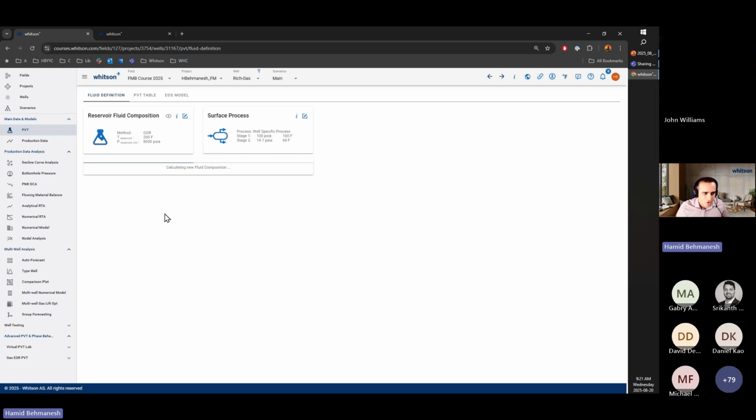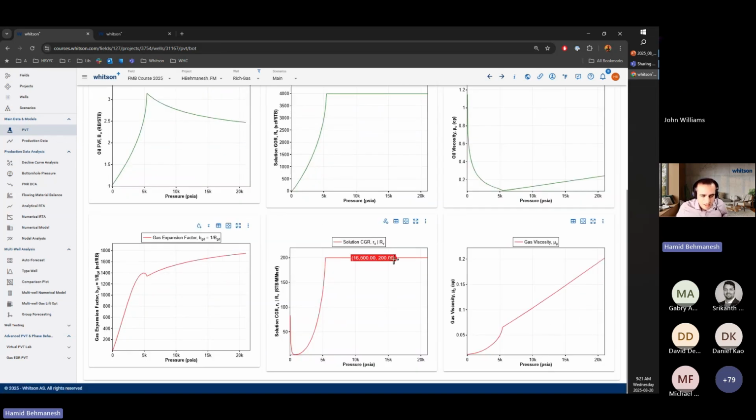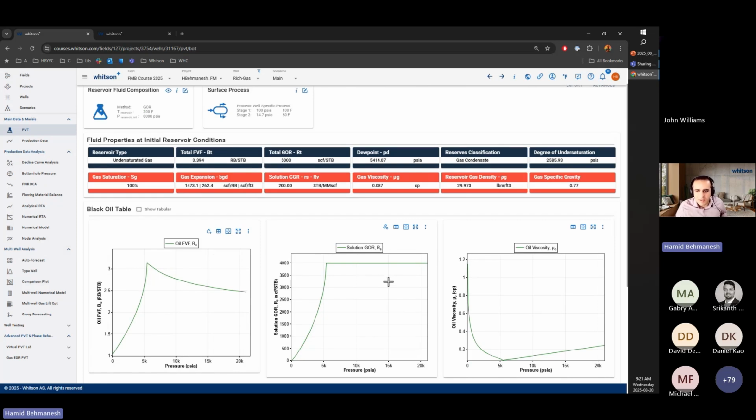So this is shown to be the phase envelope, and the temperature of the reservoir is higher than the critical temperature of the fluid. If you go to the PVT section, you see this is almost 200 CGR, which is classified as a rich gas condensate. So take a look at this case maybe.